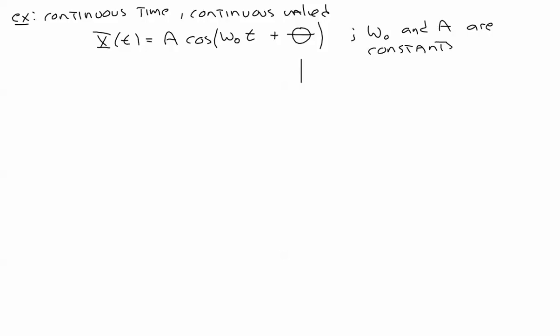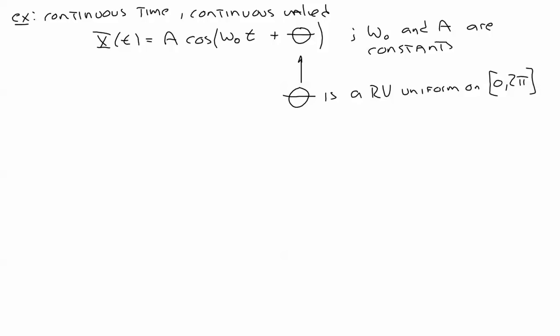Capital theta is a random variable, RV, random variable, uniform on, let's say, 0 to 2 pi.